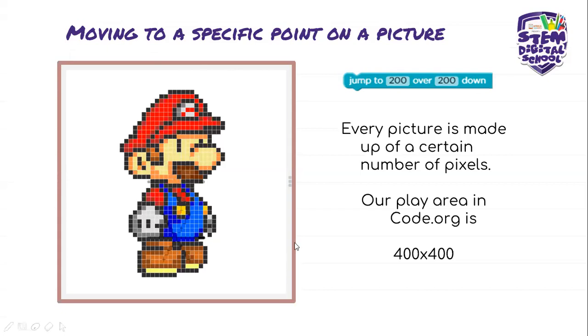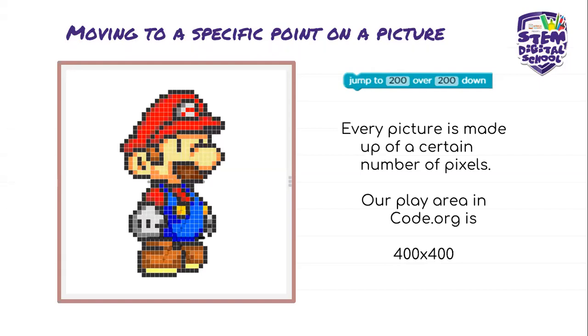Now we've got the little Mario in our play area right now. Now our play area in code.org is 400 by 400. Okay. So 400 by 400 is the size or the amount of pixels we have on our play area.